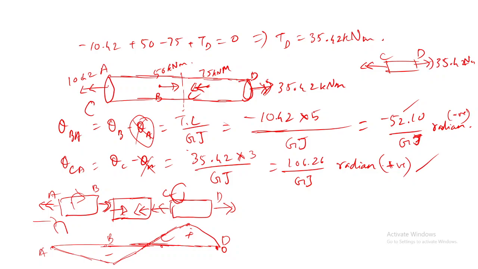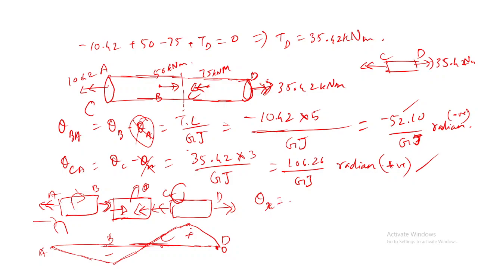So in between B and C there exists a point of 0 angle of twist. So we have to find out where that point of 0 angle of twist lies.